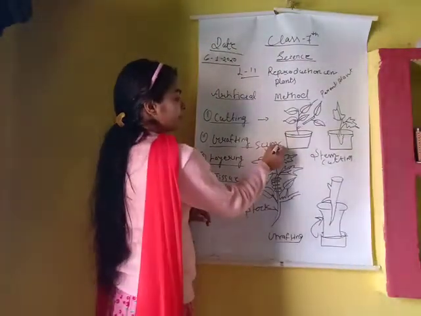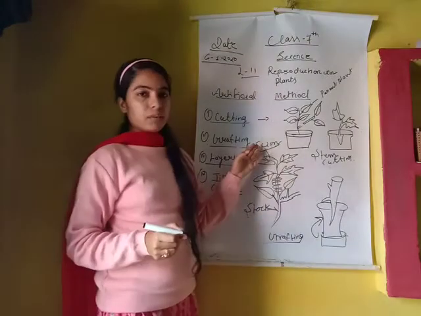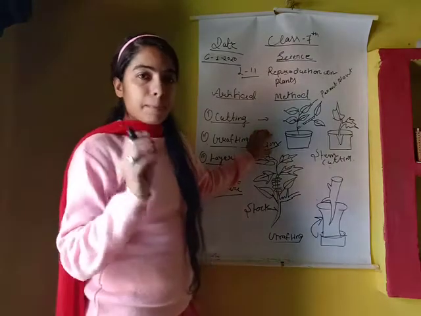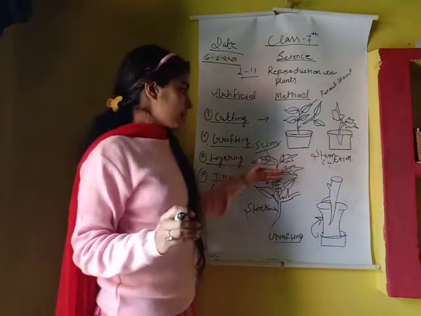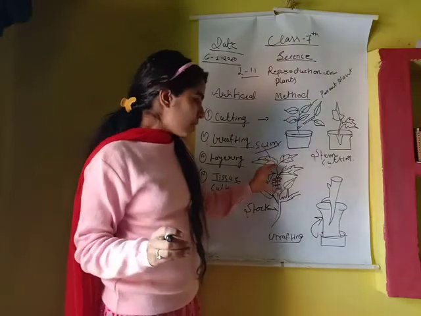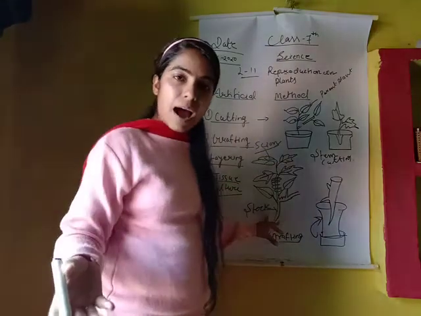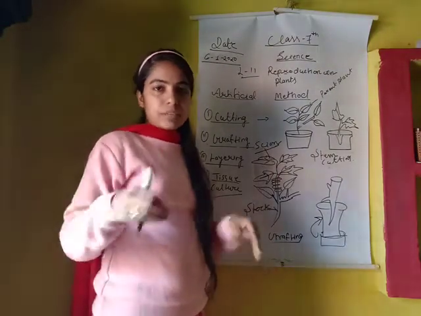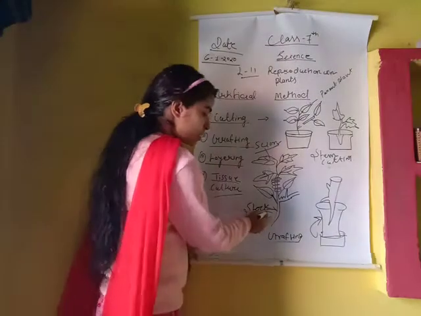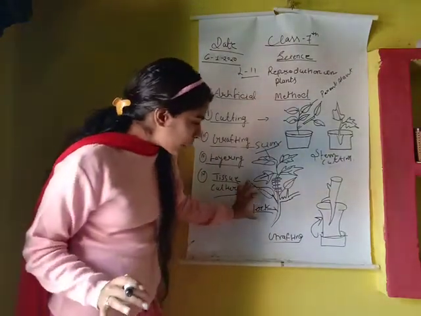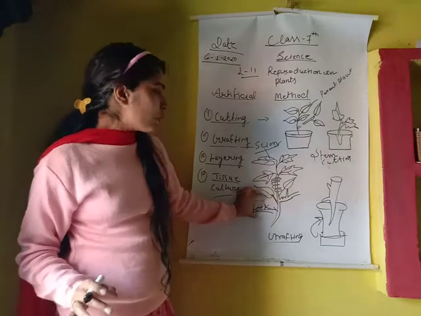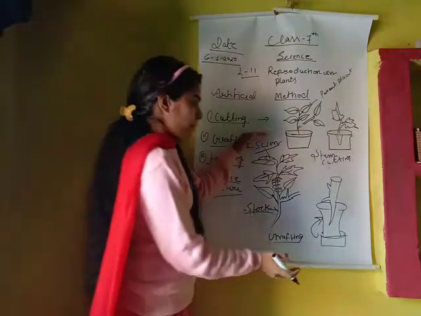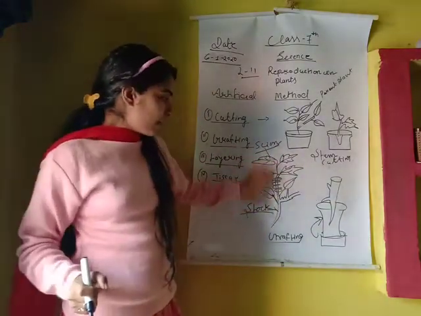Here we can say that this is a scion, and in the scion plant the bud is found, and this part will be connected to the root of another plant, and the other plant whose root is used is known as the stock. So this one is a combination of the second plant's root and the first plant's scion, and the stock and scion are bound together tightly. Here I have made this diagram.